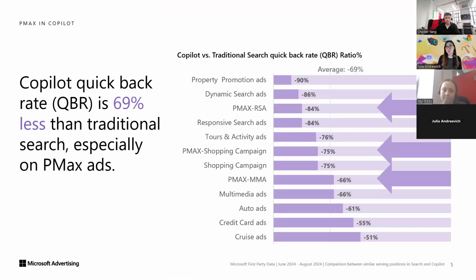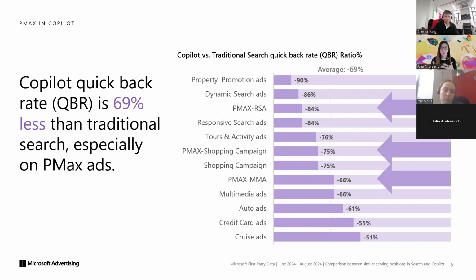Performance Max also takes part in new experiences we're building at Microsoft, like Copilot Chat, for example. We know in general that the click-back rate in Copilot Chat is lower than in traditional search. So if we look at any engagement in Copilot Chat, it understands user intent better and serves more relevant ads. But what's interesting, when we look specifically at Performance Max ads in the environment of Copilot Chat, they perform just as well.